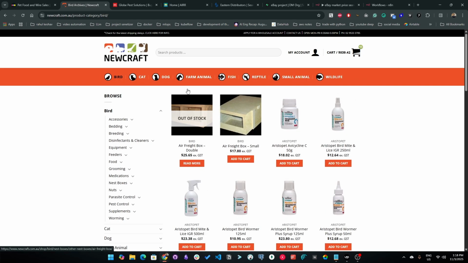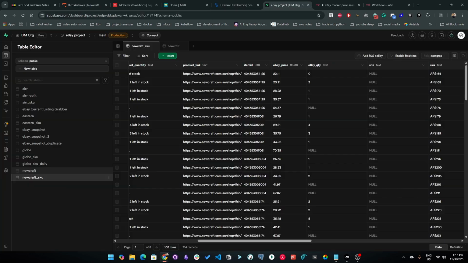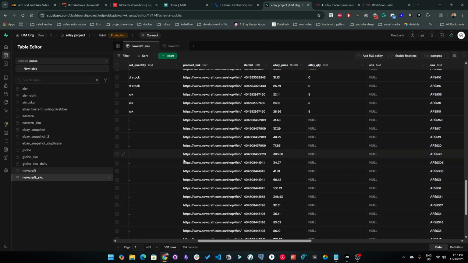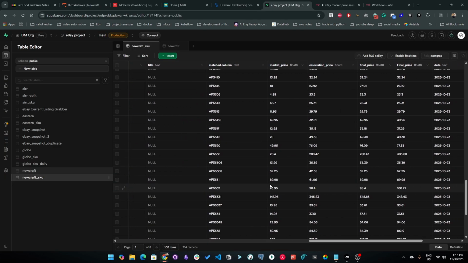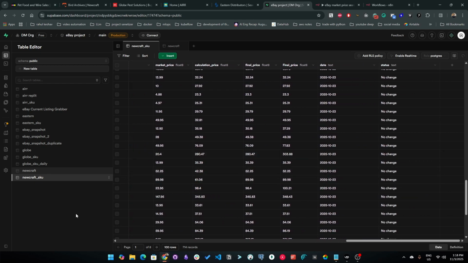From these four websites we scrape all those things, and then we store all that data in our database. For the database, right now we are using Supabase, but we can use whatever database we want.